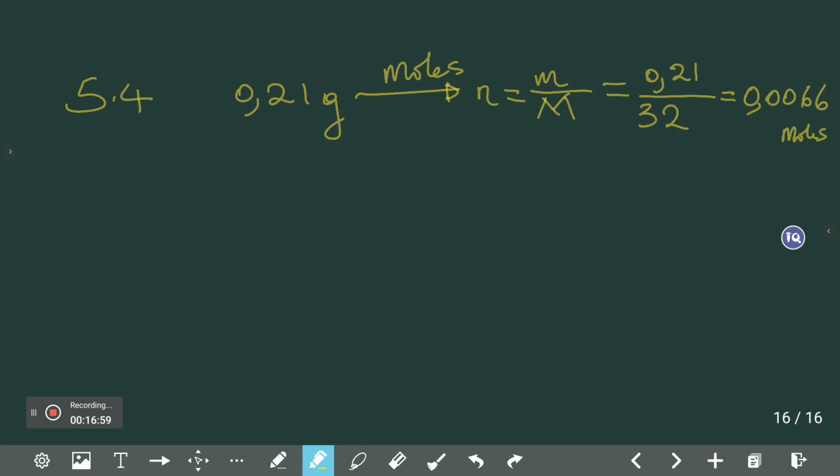The question wants us to do it with respect to sodium thiosulfate, so yes, we needed to do that.